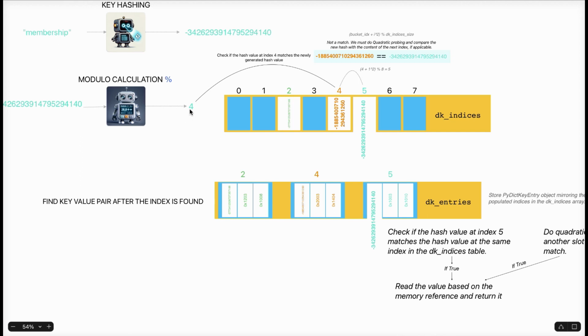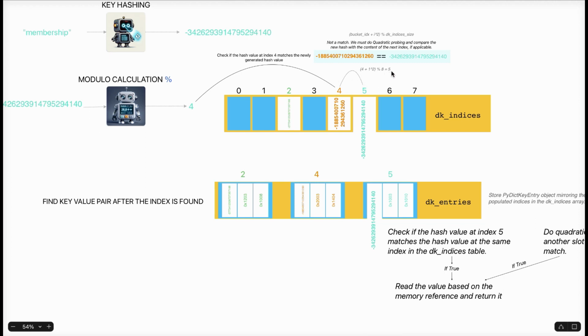It produces 4, which means our value should reside at index 4. We look at index 4 and try to match the hash value, which starts with -3. But what we got at index 4 is not the same value. That means a collision occurred at creation time, and quadratic probing placed the value we're looking for in a different slot.